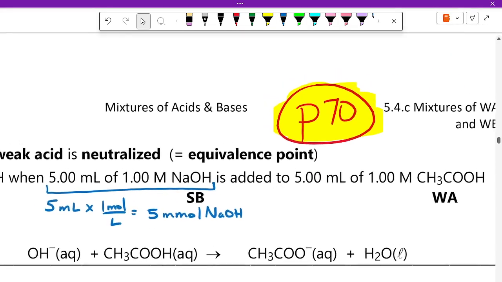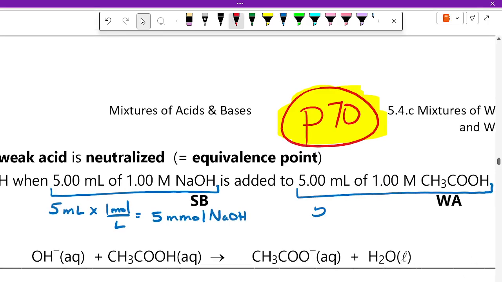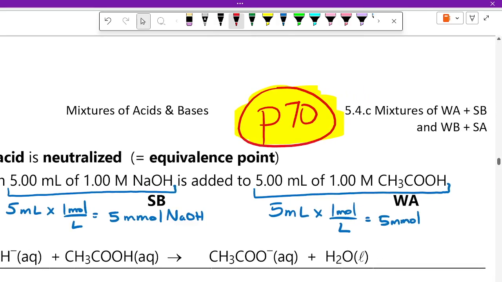We also have 5 milliliters of 1 mole per liter acetic acid, which gives us 5 millimoles of acetic acid, CH3COOH.